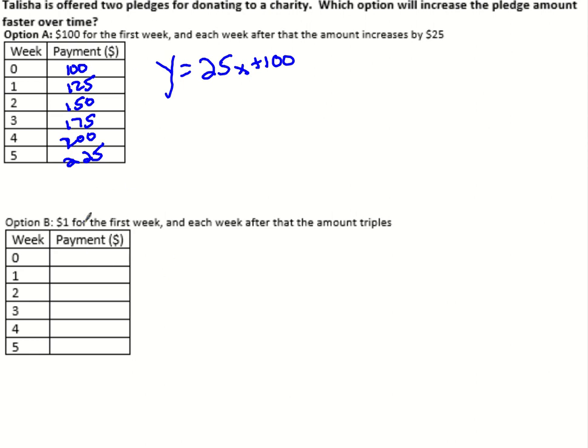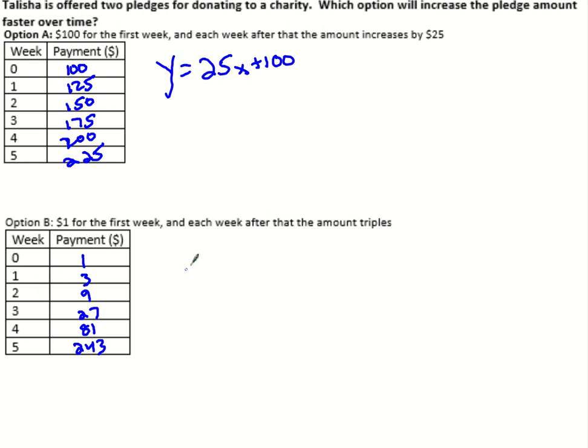This one right here, it was $1 for the first week, so we started at $1, and then we tripled it each time. Okay, well, if we times it by 3, that's tripling it. So we go to 3, 9, 27, triple that, 81, triple that, we're at 243. So by 5 weeks, this person started with $100, this person started with $1, but this person ended up with 243 after 5 weeks.